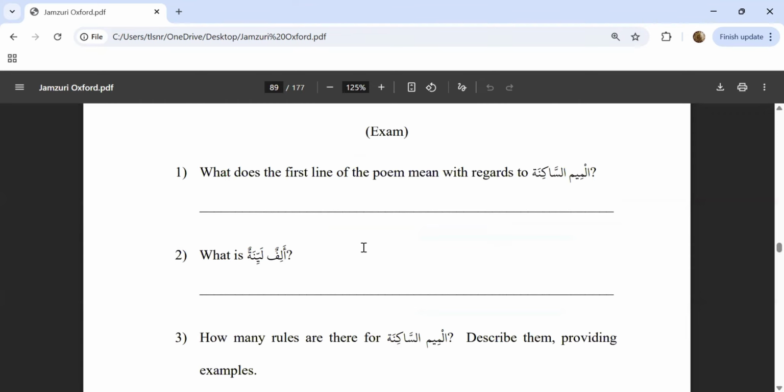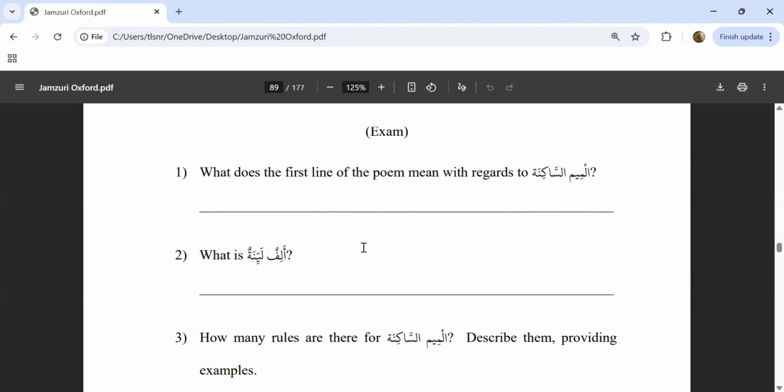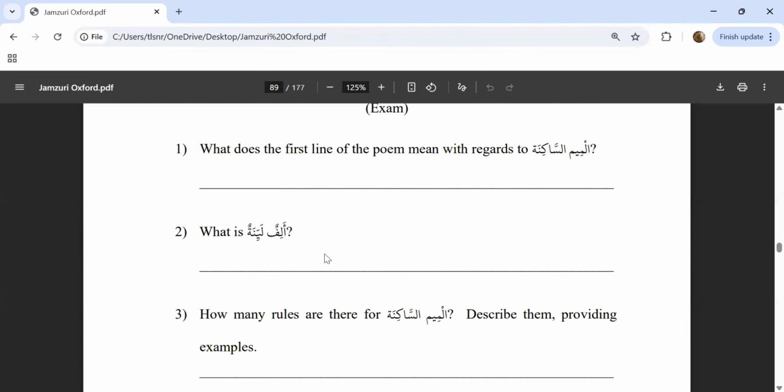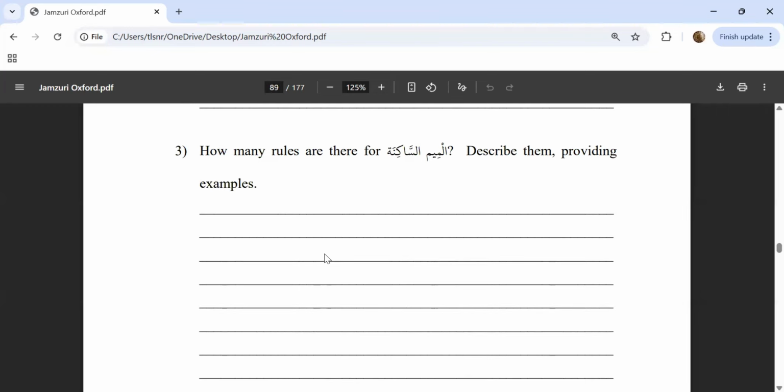And then for the imtihan, again, these are questions for you for your ijaza. So again, what does the first line of the poem mean with regards to the mim sakina. And what is alif layna? So it's a soft, flexible alif. And of course, how many rules are there for mim sakina?